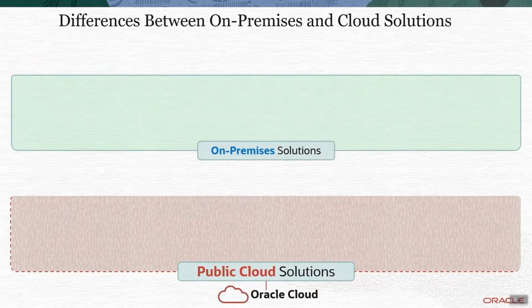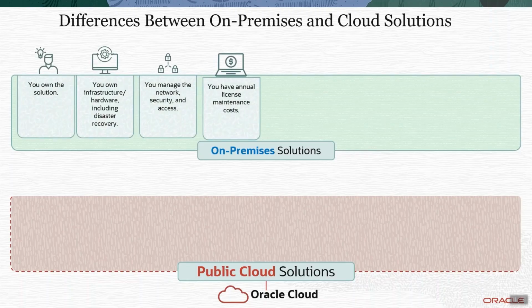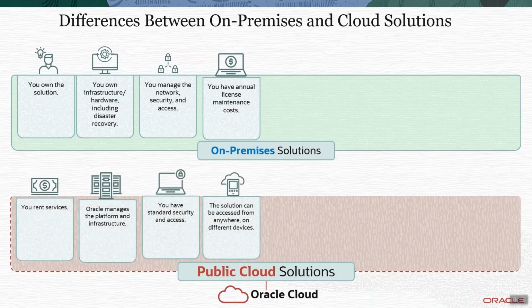Let's briefly consider the main differences between on-premise ERP and the Oracle Cloud native solution. It should be obvious that you own the solution, the infrastructure and the network as an on-premise customer, while with cloud solutions, you rent services and Oracle manages the platform and infrastructure for you, offering high security and standard access.